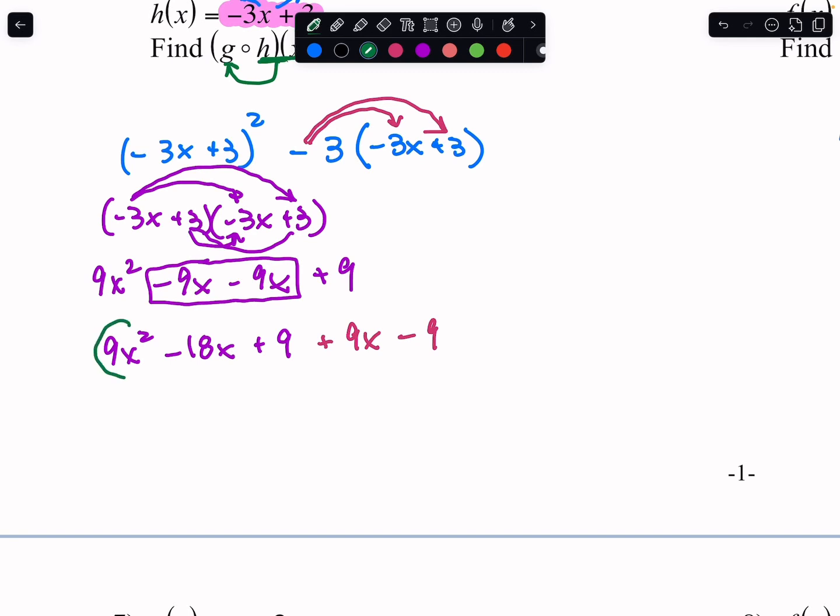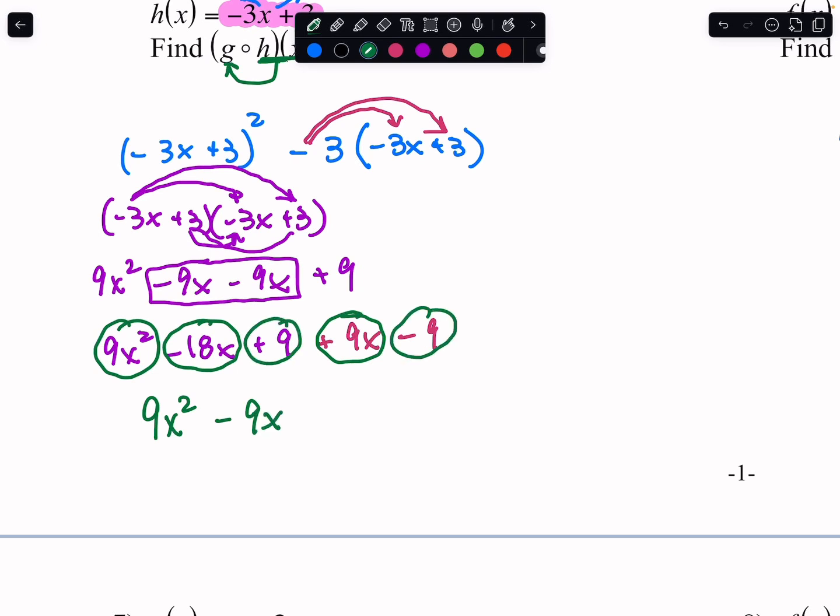So we got the 9x squared in the front. And I have a negative 18x plus a 9x. That's going to be negative 9x. And then I have a positive 9 and a negative 9, and those cancel each other out. So this is just your answer. So hopefully you see why I decided to do 5 last. That one takes a little bit more work.